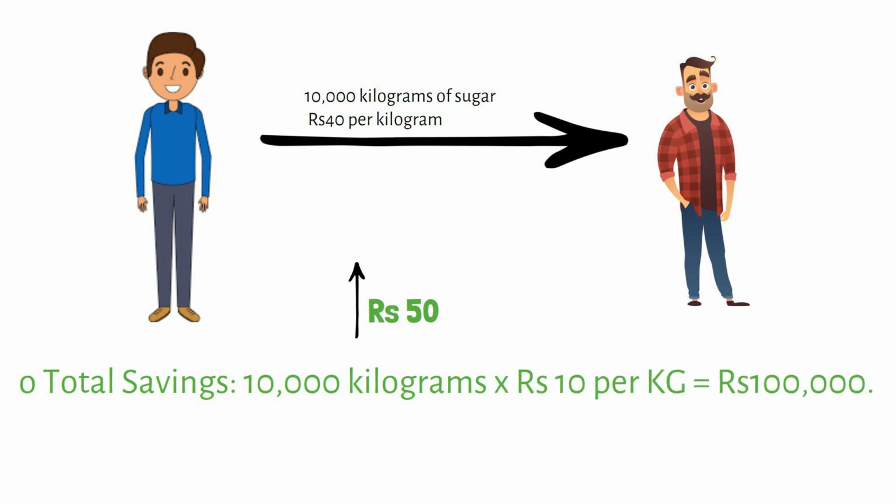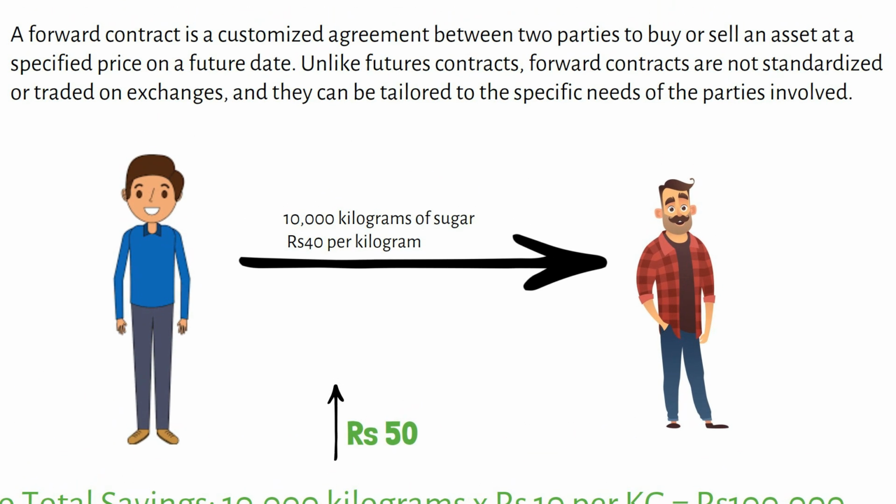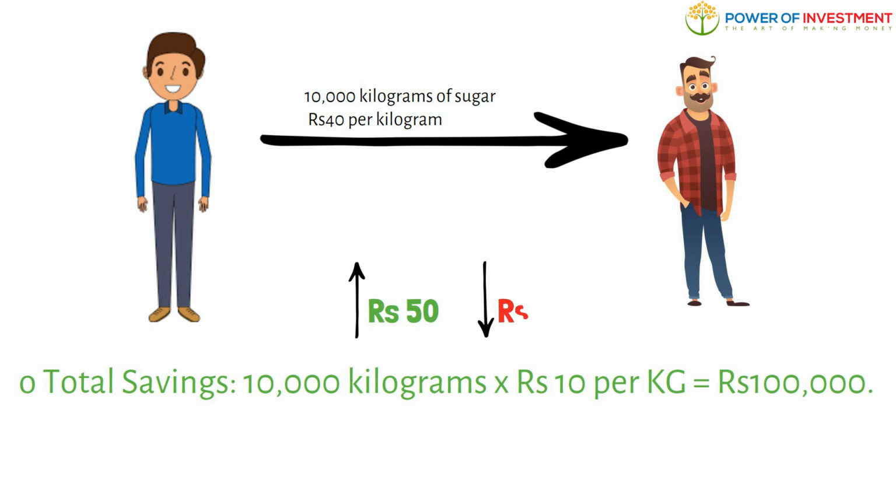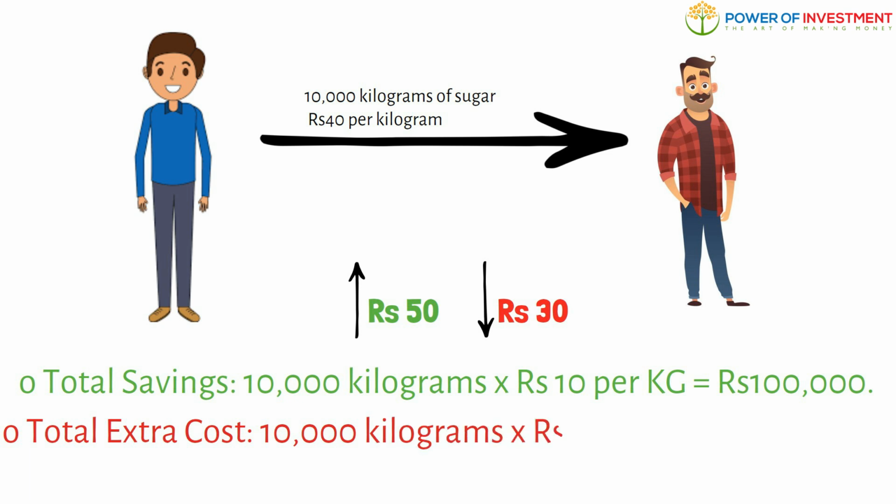Scenario 2. Price decrease. If the market price of sugar falls to 30 rupees per kilogram after 3 months, the shopkeeper still buys at 40 rupees per kilogram, potentially incurring a higher cost of 10 rupees per kilogram. Total extra cost: 10,000 kilograms into 10 rupees per kilogram equal to 1 lakh rupees.